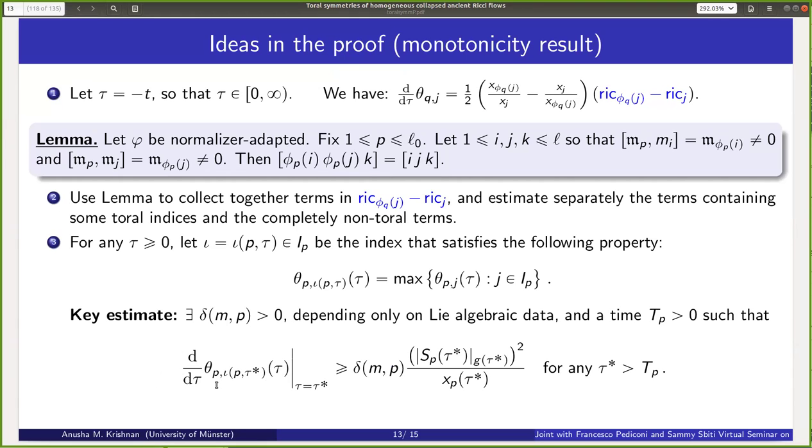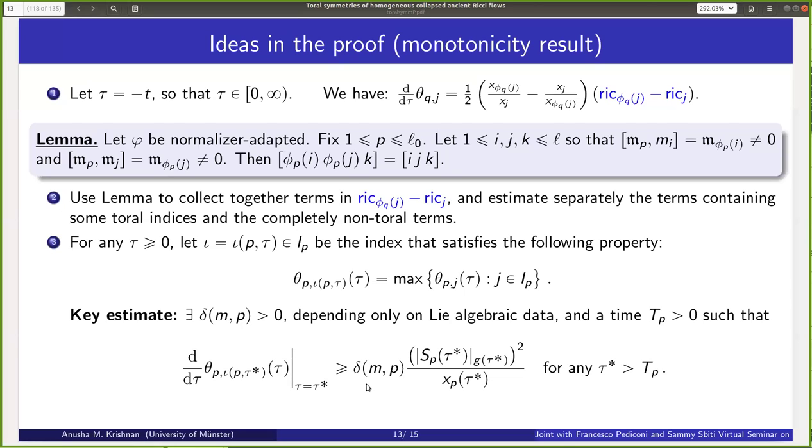The time derivative of this maximal theta P iota is bounded from below by this expression, which you can see involves the norm of the submersion tensor. So in particular, if we had some time when the norm of the submersion tensor was positive, then at that time you see from this estimate that the maximal theta pi must be non-decreasing.